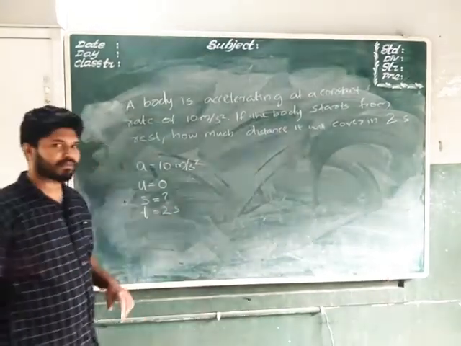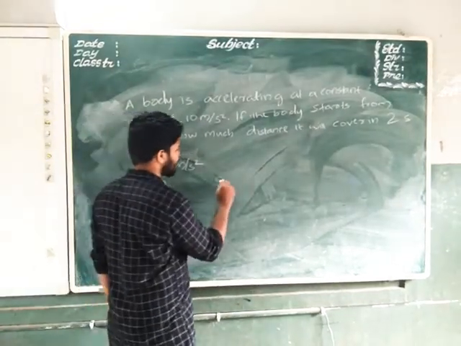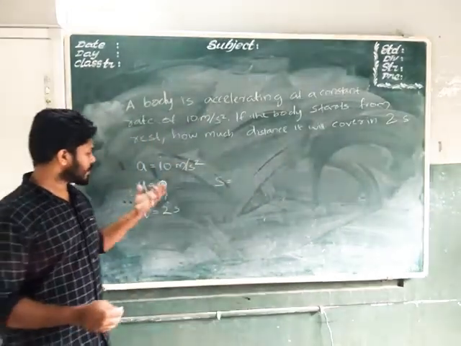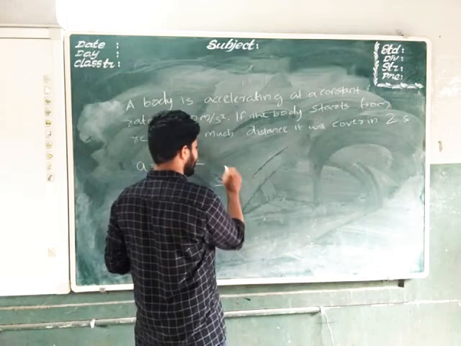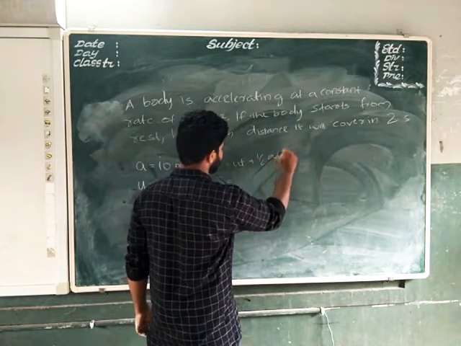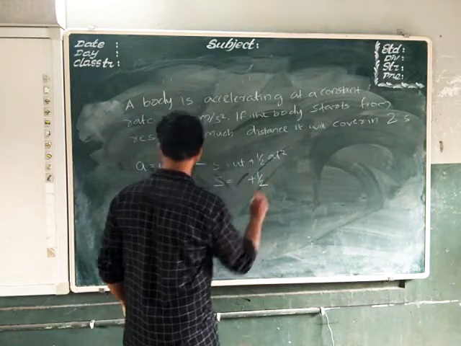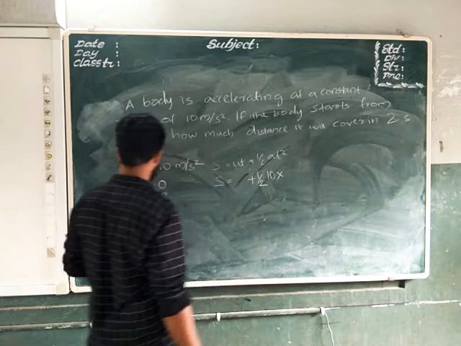So which equation will we use? S equal to ut plus half at square. U equal to 0, that term gets cancelled, so only we have to take half at square. The next one, half, a is equal to 10 into t square.